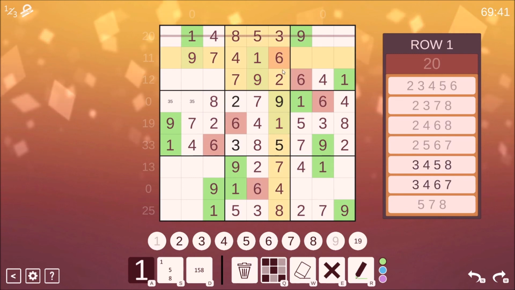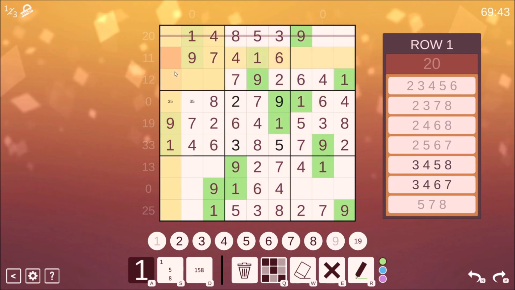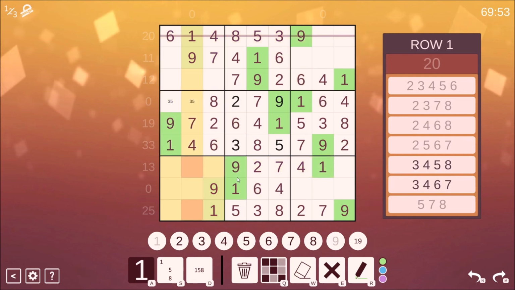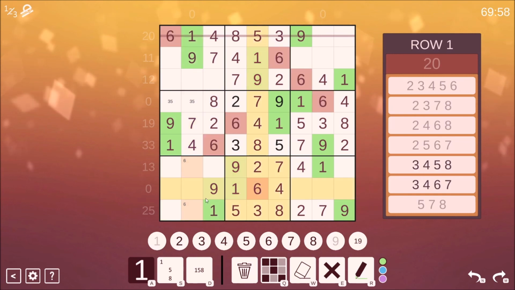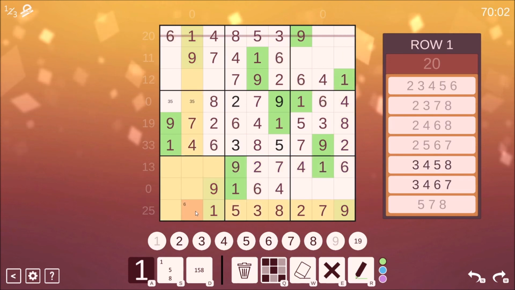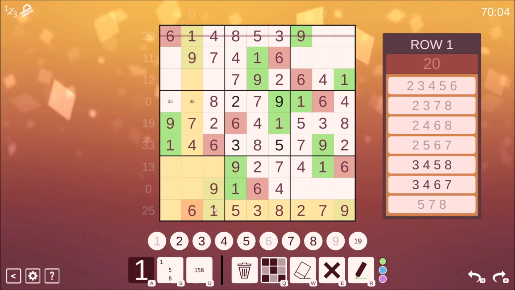So looking at these 2 6s, they block 7 in one of these two spots, or 6 in one of these two spots. We actually need to place a 6 in there, so that forces one down here.